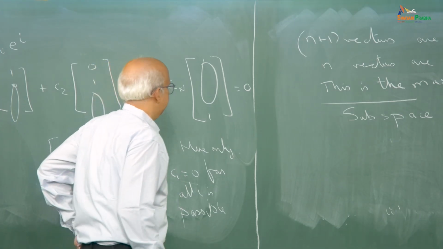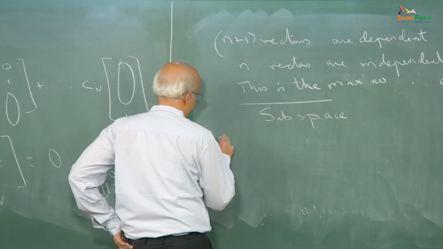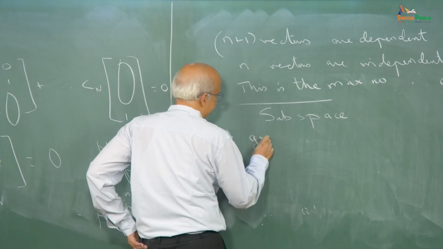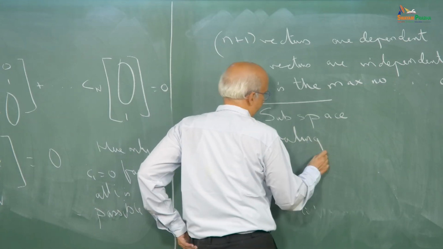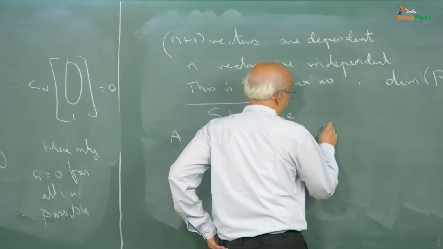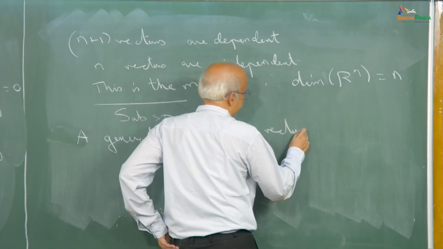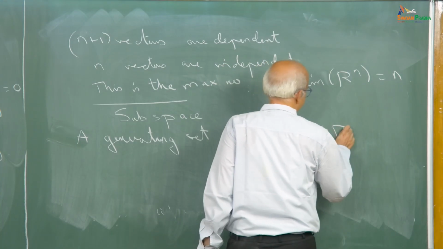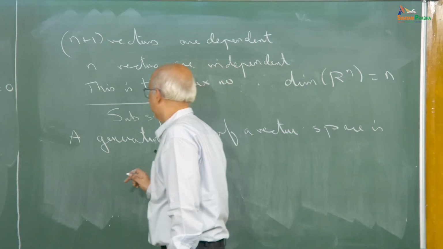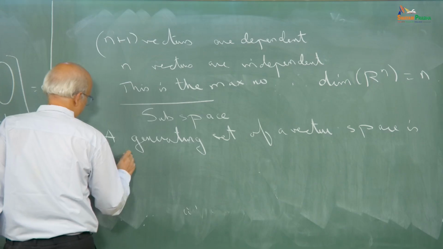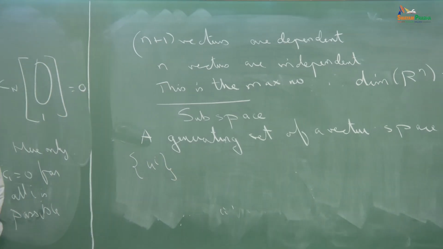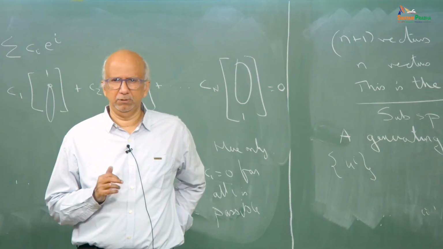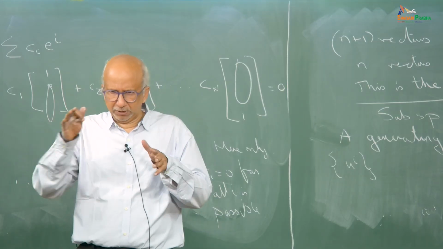So, consider, okay, a generating set of a vector space is, let us say, {ui}. I mean have u1, u2, u3, whatever. I have some vectors. Okay. So, {ui} means I just put this curly bracket, so it's more than 1.